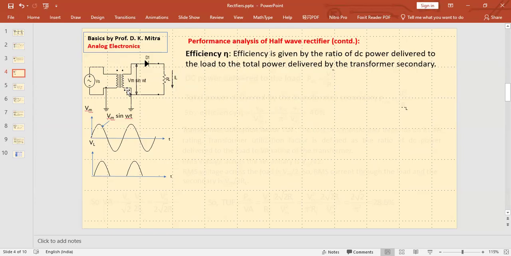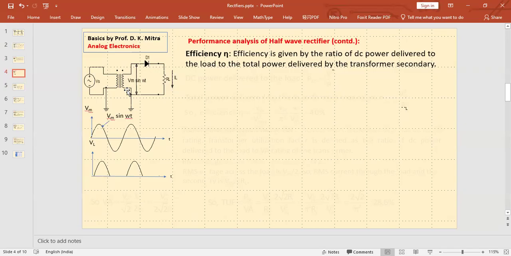I am sure you have heard of this word efficiency in physics class. Efficiency of anything means, suppose you have a friend who eats 1 kg of chicken every day, but he cannot do any hard work. So his efficiency is poor.